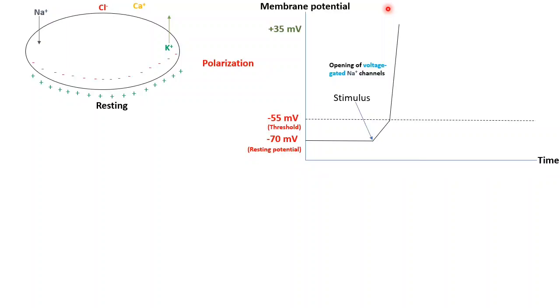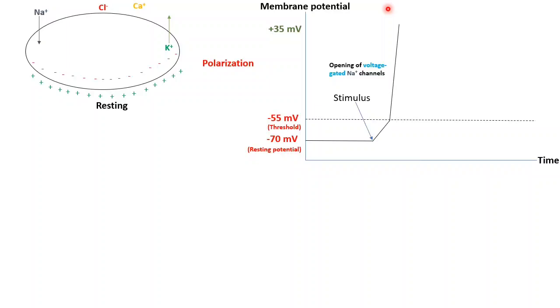positive 35 millivolt. Our membrane potential now is positive, opposite to the resting state, which was negative 70 millivolt. Now our membrane potential is exactly the opposite. It is positive now. So the opposite of the polarization state occurred.